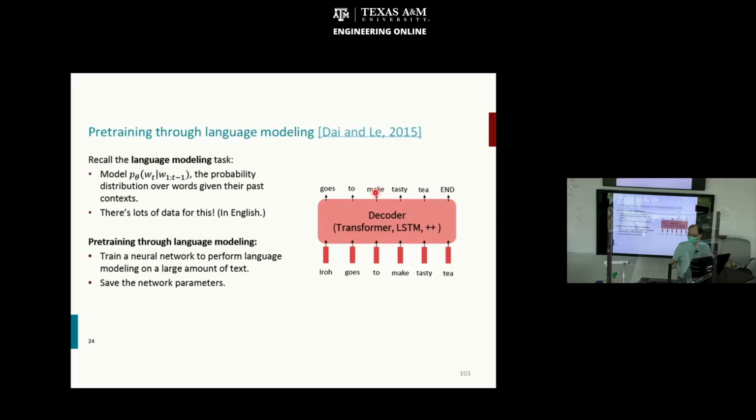So you can use this decoder to sample, right? The third way to interact with pre-training. And you have lots of data for this kind of modeling, so you can train a neural network to perform this language modeling, which essentially gives you the loss function already, and then save the network parameters and then use them to initialize, right?